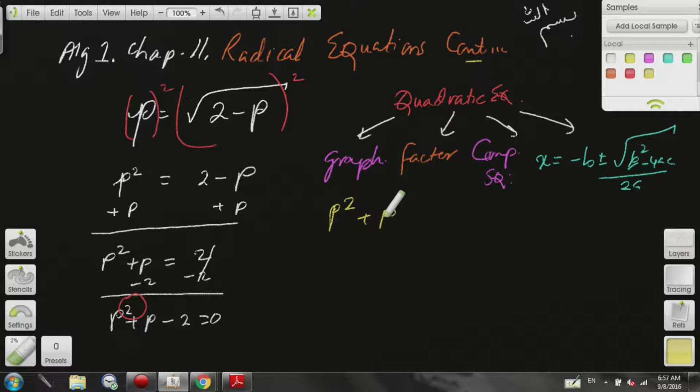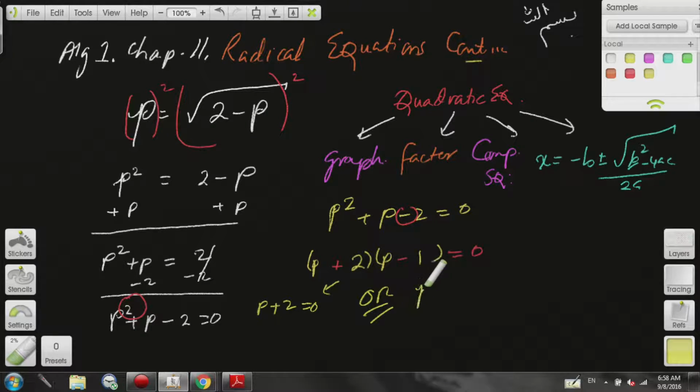p squared plus p minus 2 equals 0. So let's try p and p. Factors of 2 are 2 and 1. This tells me that the signs are different, and the bigger one is positive. Then p plus 2 equals 0, or p minus 1 equals 0.